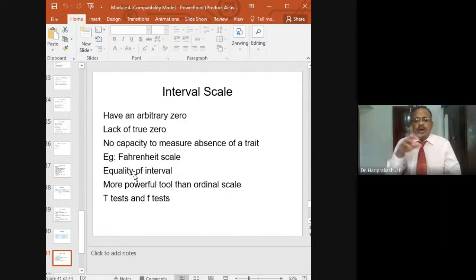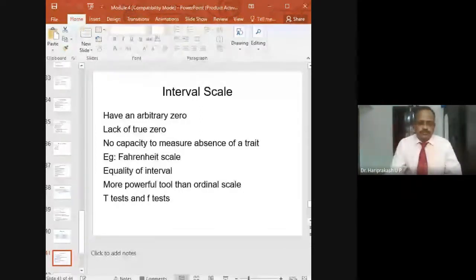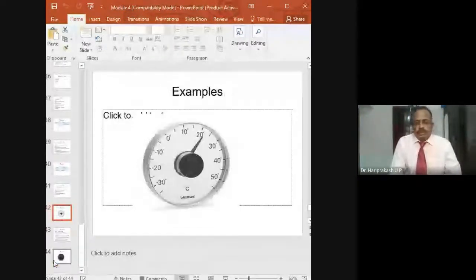So if you are using an interval scale for measurement of data, and if you are using any hypothesis testing, then you will have to use the t-test and f-test for testing the hypothesis. So this is an example of temperature.